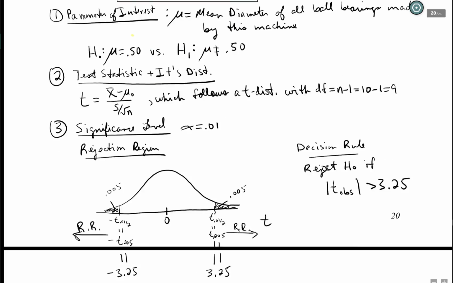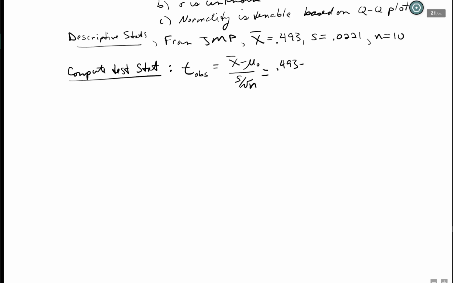So we plug in 1/2, divided by s, 0.0221, over root n, the square root of 10. If you do the computation, you get negative 1.00. That's our test statistic.